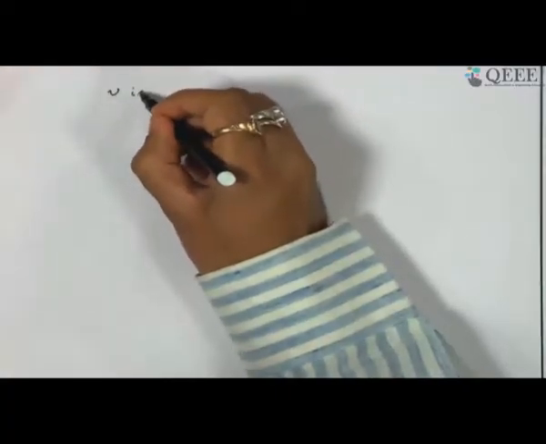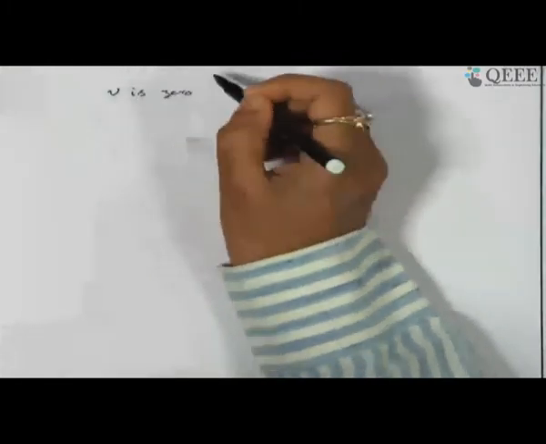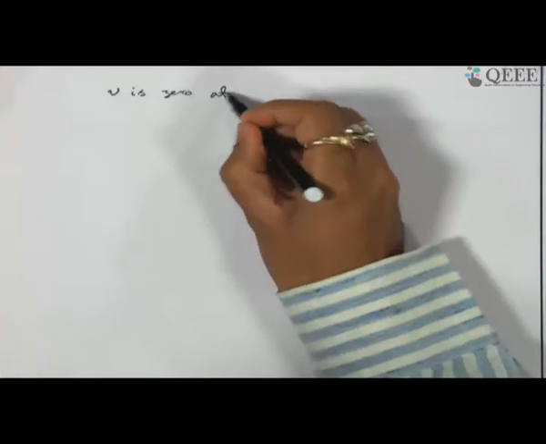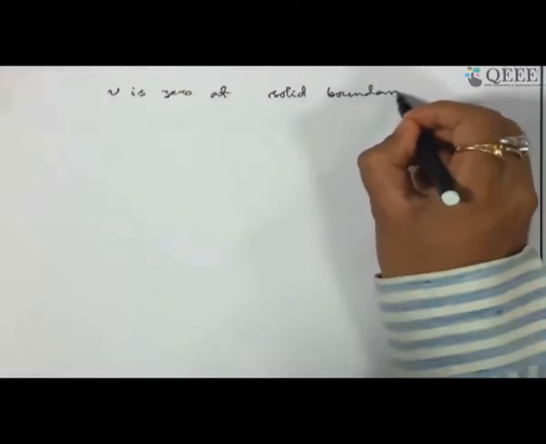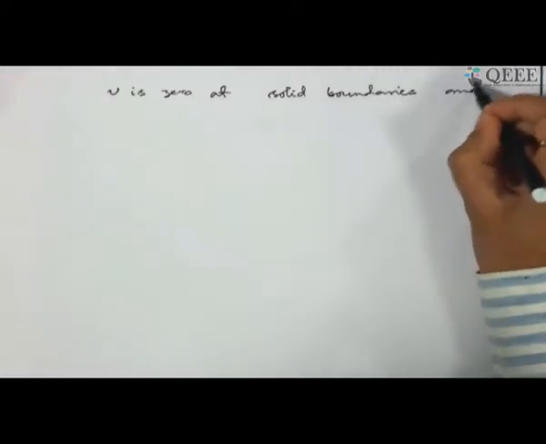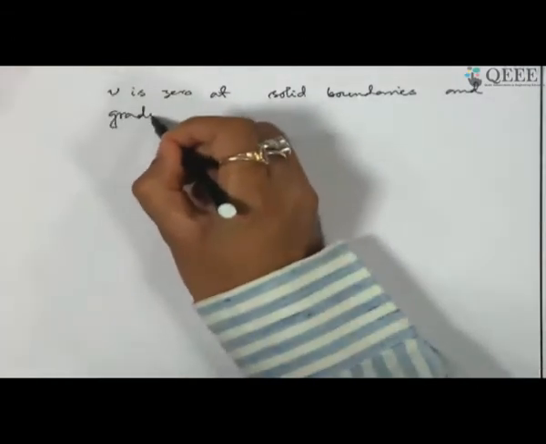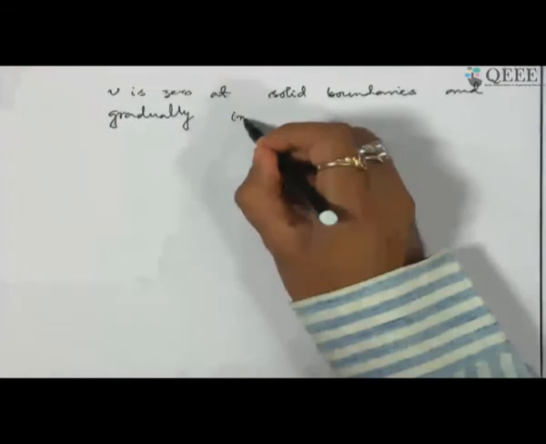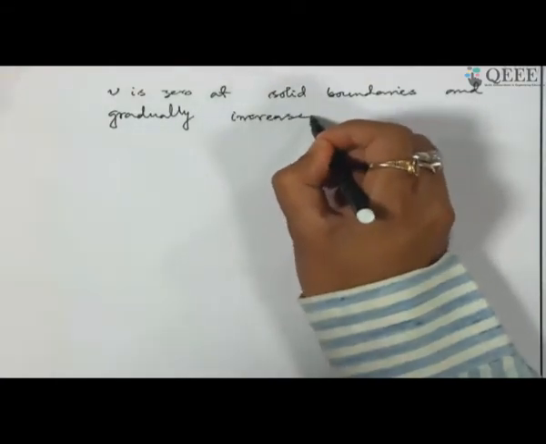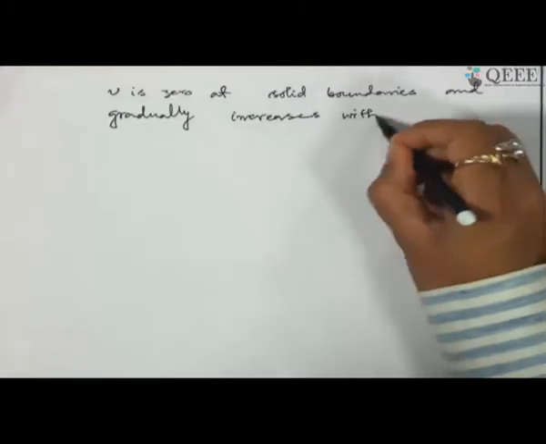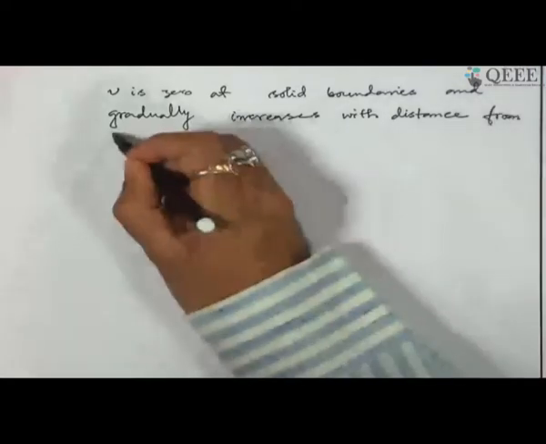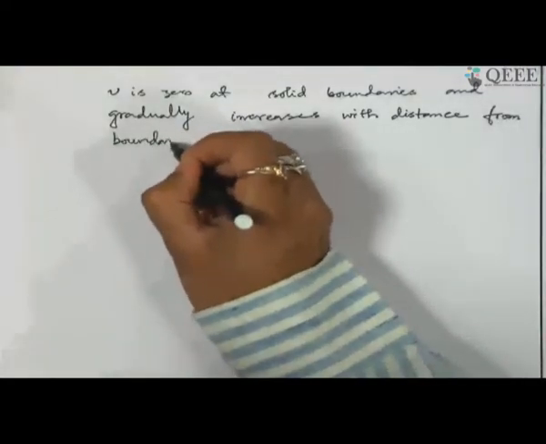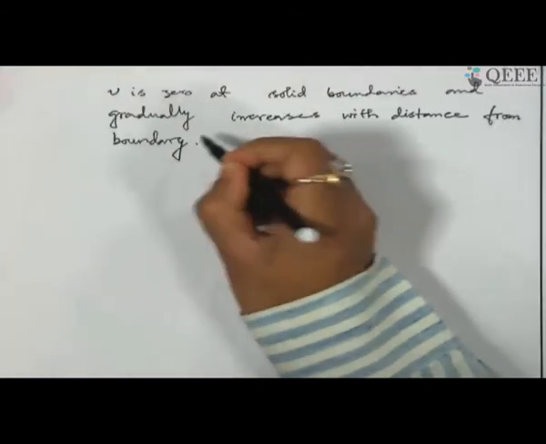Now, velocity is 0 at solid boundaries and gradually increases with distance from the boundary.